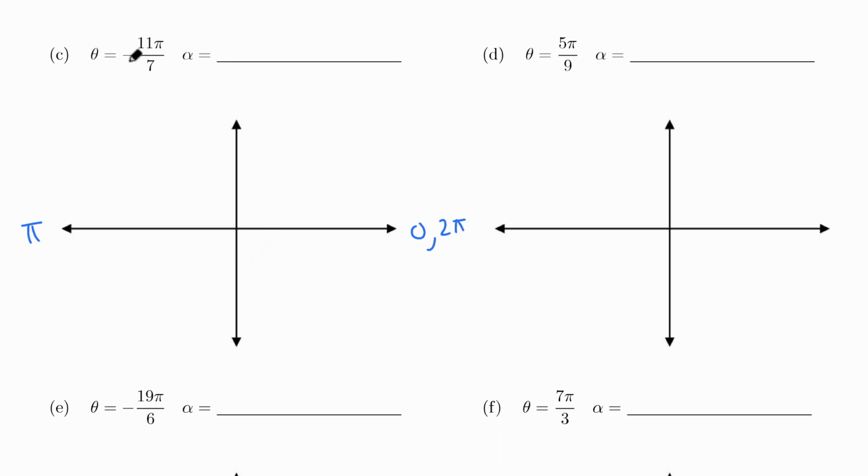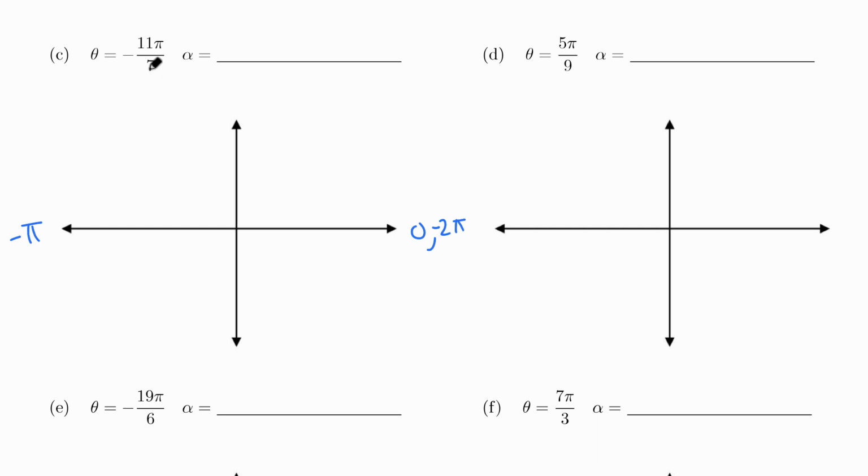Negative means we need to go clockwise. So if we go clockwise, this is 0, this is negative pi, come back here, that's negative 2 pi, and so on. So negative 11 pi over 7, is that 2 pi? 11 over 7 is not 2, because 7 times 2 would be 14, but this is only 11.